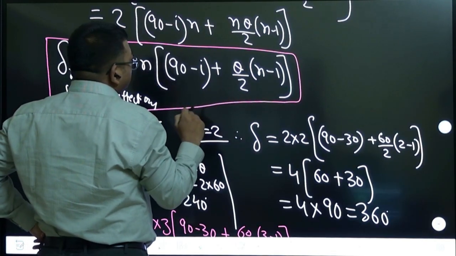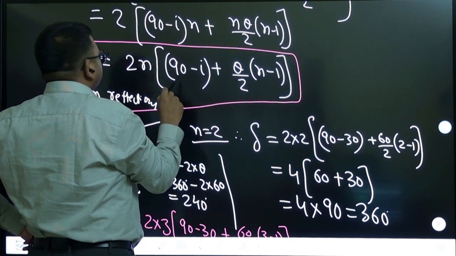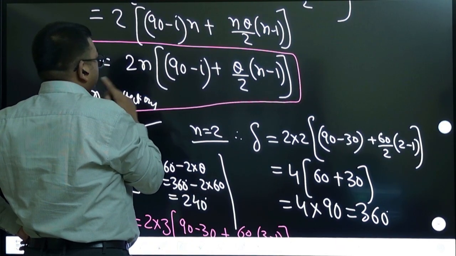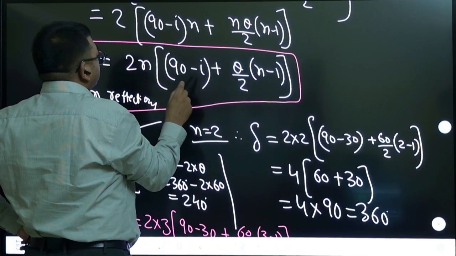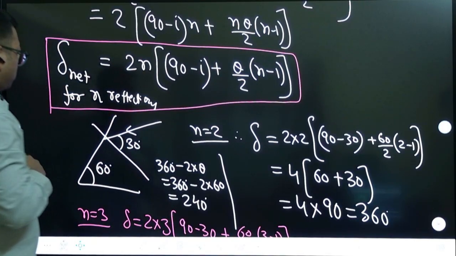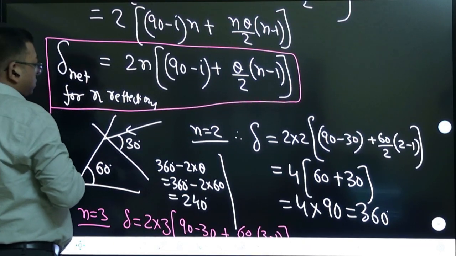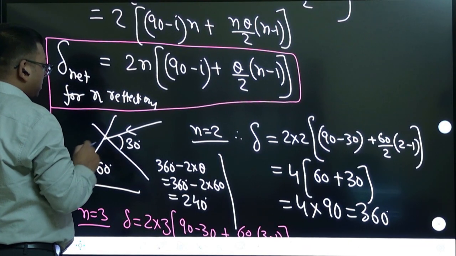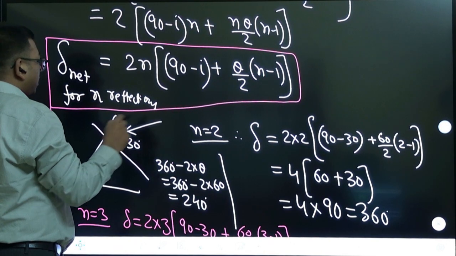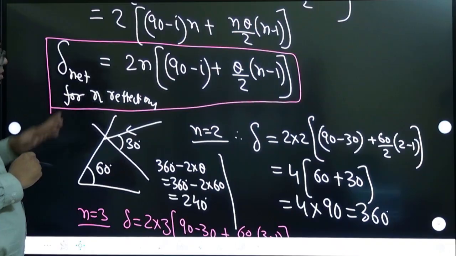This becomes 60, and 60 into 2 is showing 120 degree, correct? So I think somewhere some mistake has happened, because 180 minus 2 theta is showing correct. 180 minus 2 into 60 gives 120. For one reflection this formula is giving correct.